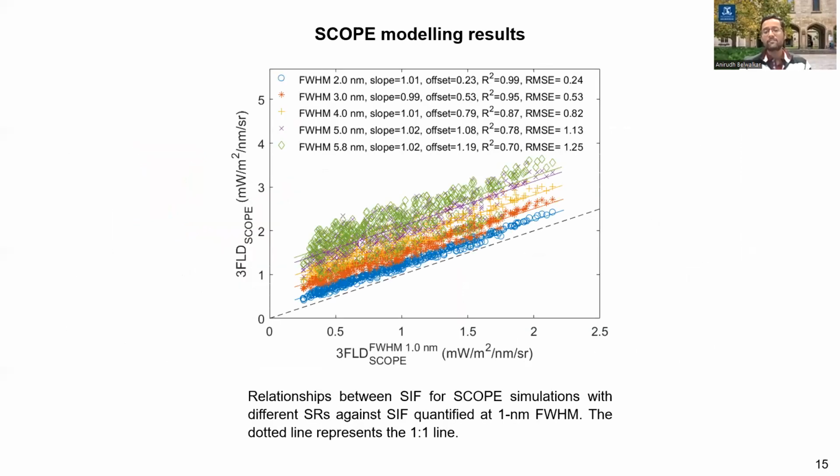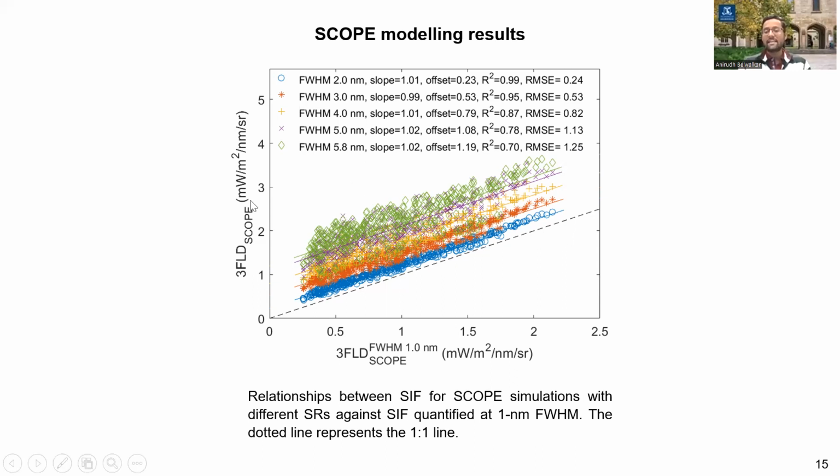Now the results from the SCOPE modeling experiment. Low resolution SIF from 2 to 5.8 nanometer were well correlated with the reference SIF at 1 nanometer. With coarser resolution, the RMSE value increased. As you can see, the RMSE was highest for 5.8 nanometer and lowest for 2 nanometer SIF.